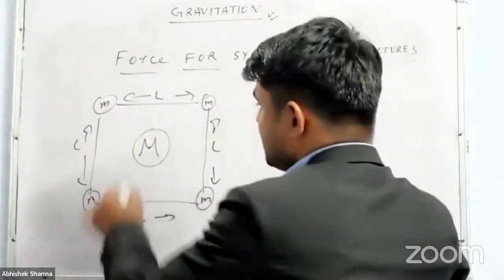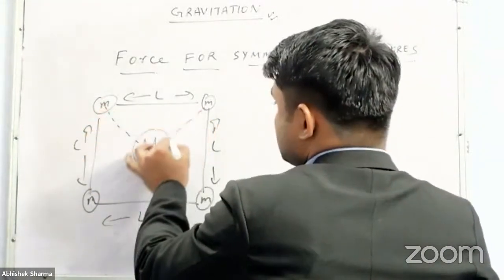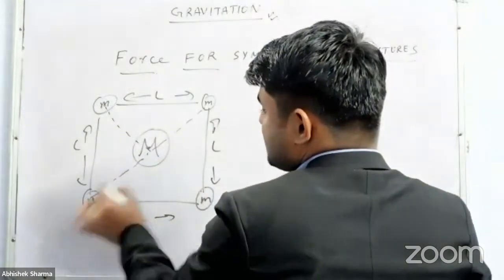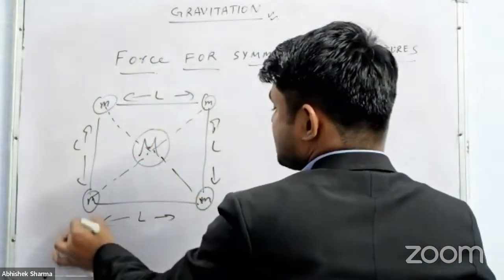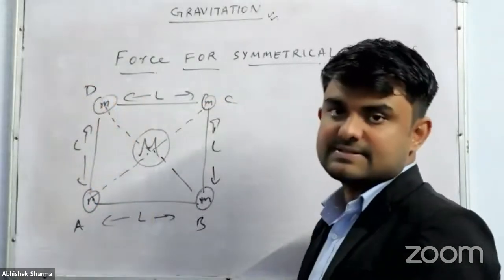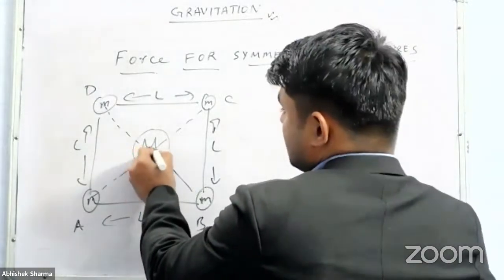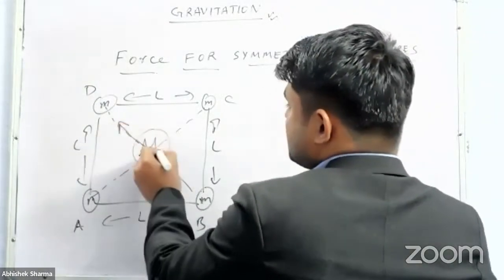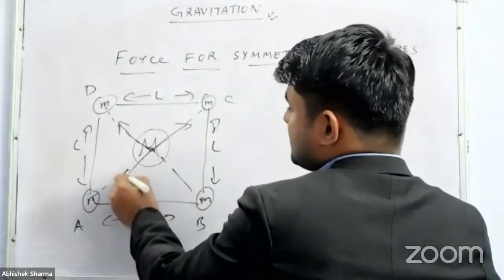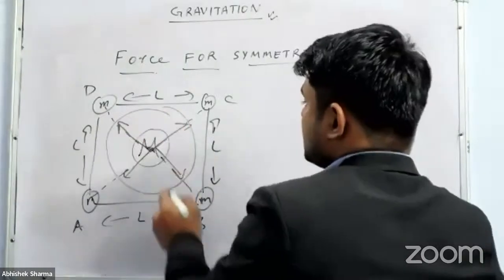We can see the lines joining opposite masses, let's say A, B, C, D are all vertices. At the center, the attractive forces will be along these directions.